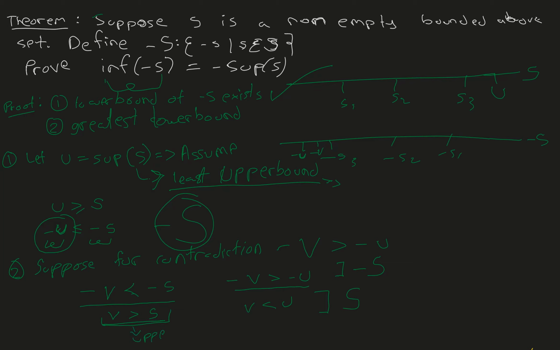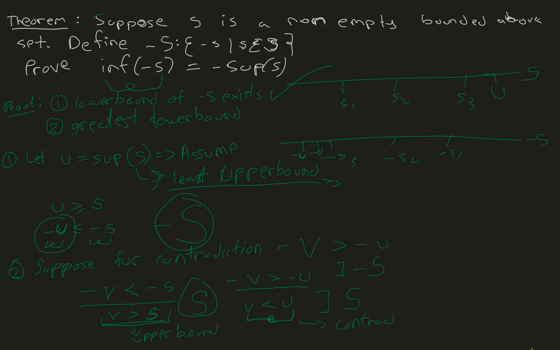It's greater than all elements s in the set capital S. But we also get that v is lower than u. It is an upper bound that is lower than u. And this is a contradiction.